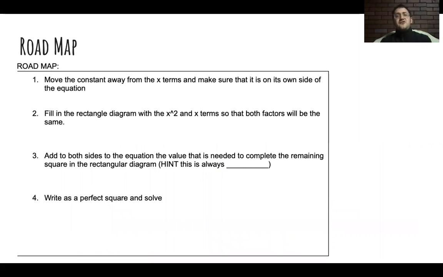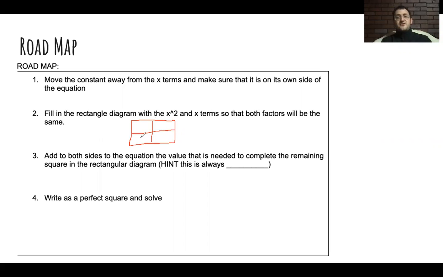All right, so just a roadmap of completing the square. What you want to do is move the constant away from the x terms and make sure that it is on its own side of the equation. Then you're going to be filling in the rectangle with the x squared and the x terms so that both factors are the same.